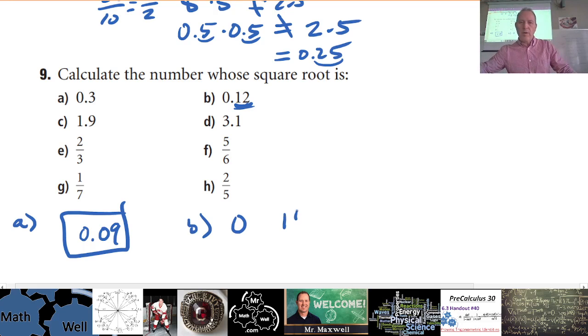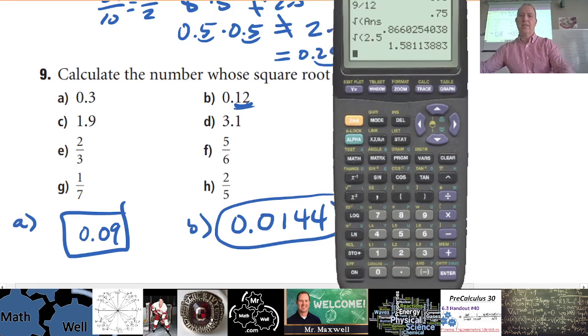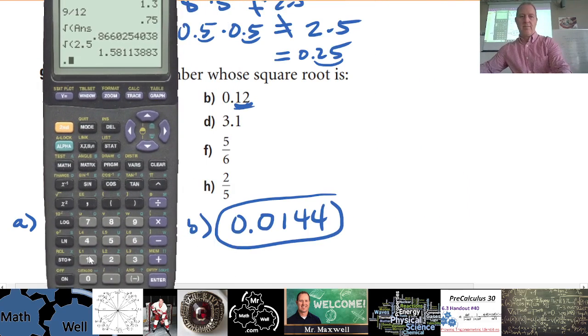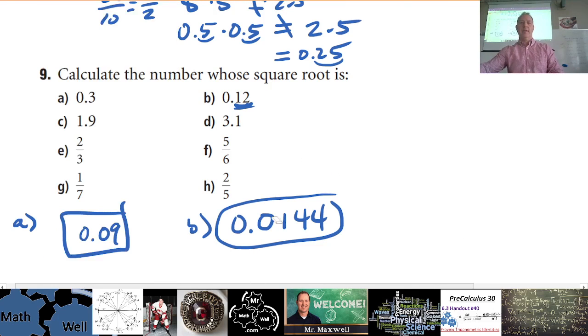So let's put 144, and then I got to go 1, 2, 3, 4 decimal places. And again, on your calculator, it should be pretty easy to check that. 0.12 squared is 0.0144. Okay?